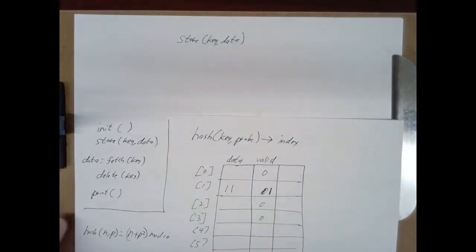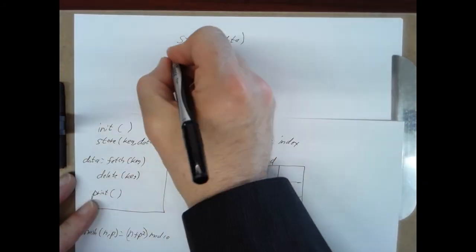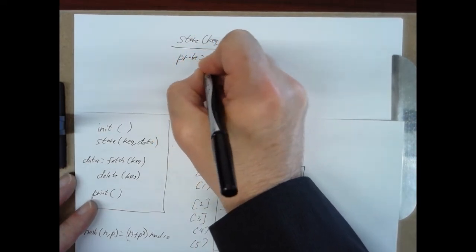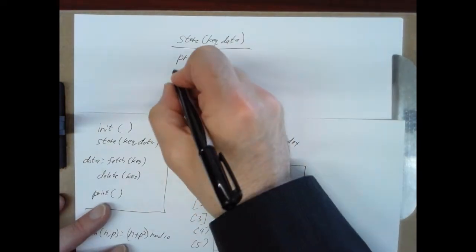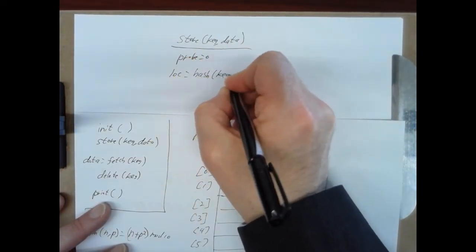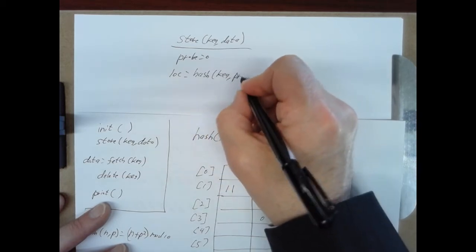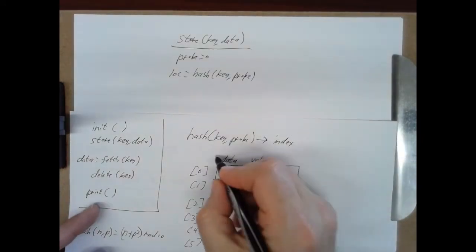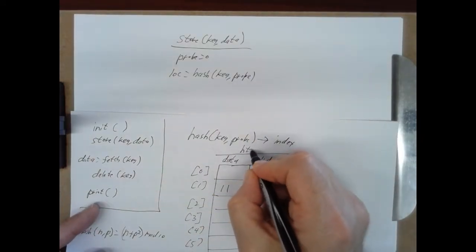So storing a piece of data with a key. Start off with a probe of 0. Location equals hash key comma probe. And let's just call this whole thing our H table.